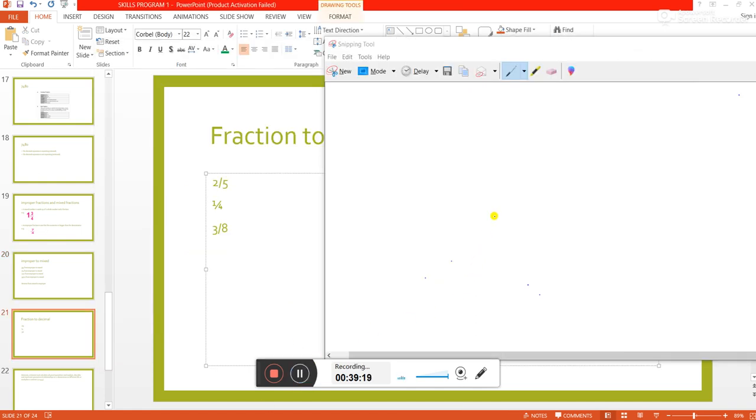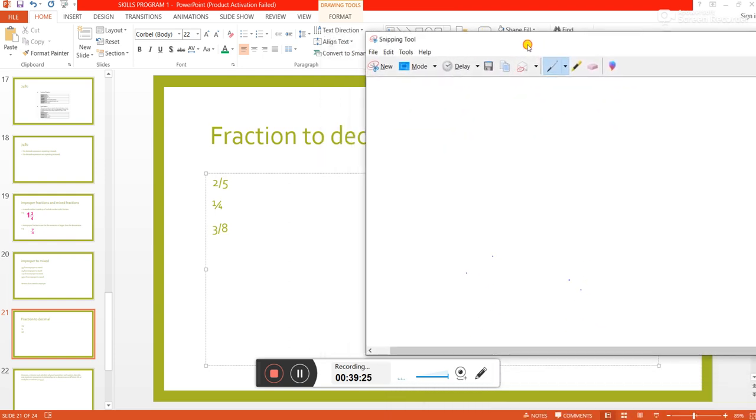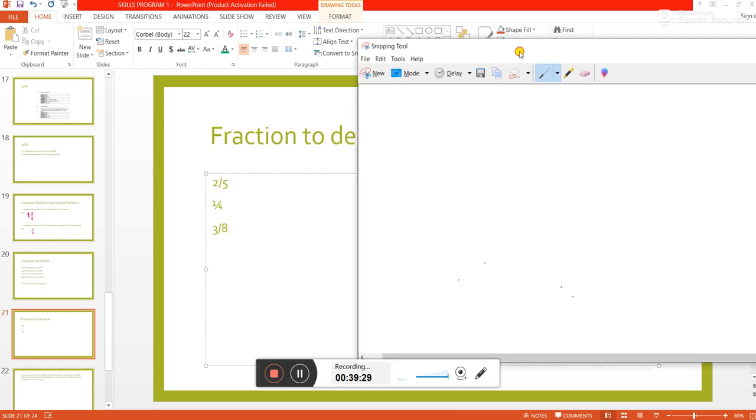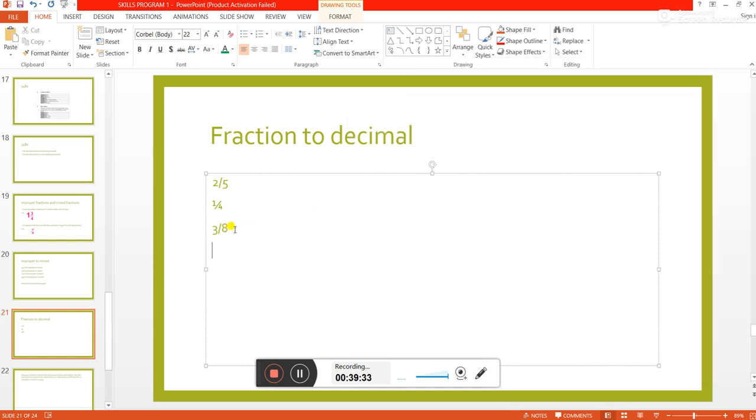Okay, so now what we need to do is to convert from fraction to decimal. So we've got the three equations, not even equations. Let me just give you another one, which is 17 over 4.